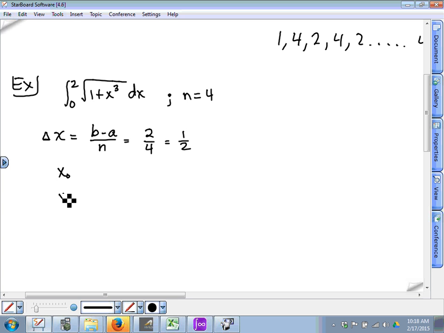And our n is 4. So x sub 0 is the very furthest left of our interval, which is 0. And then delta x tells you your increase. If you increase by 1/2, this becomes 1/2, then 1, then 3/2, and then 2.